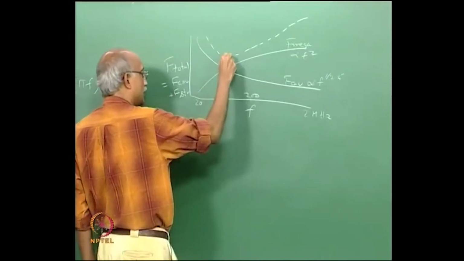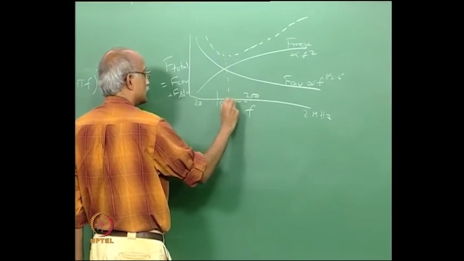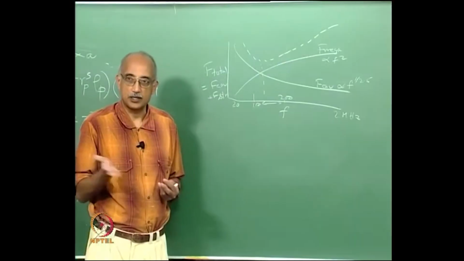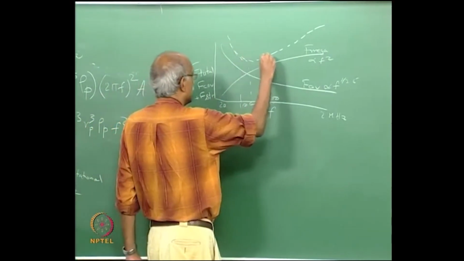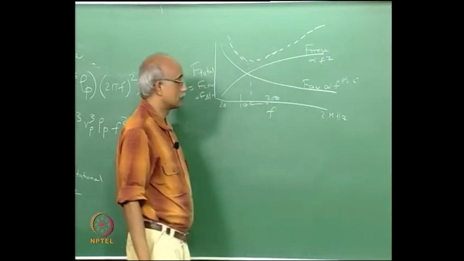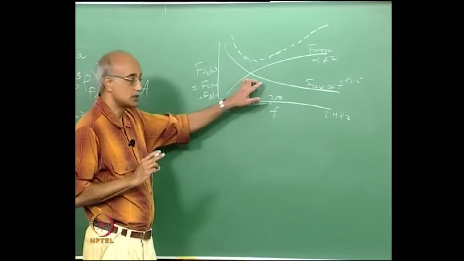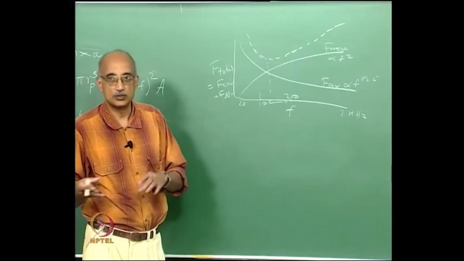It has a minimum somewhere in the 100 to 200 range, because in that frequency range the cavitational effect has dropped quite a bit, but the streaming effect has still not picked up. So, the net of that is that from a particle removal viewpoint, a minimum force is obtained when you are in this intermediate range of 100 to 200 kilohertz. It is like a worst of both worlds. You are not getting good cavitation and you are not getting good streaming.